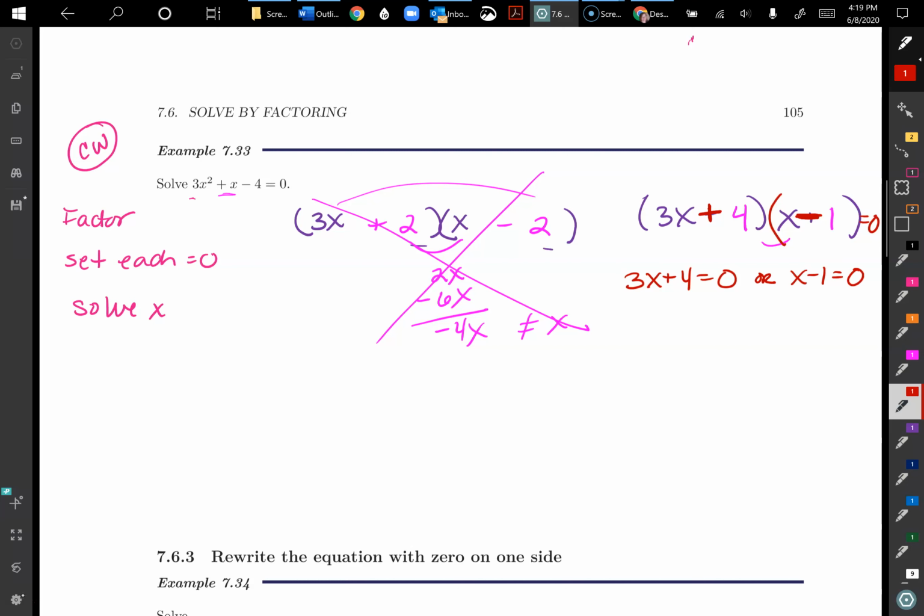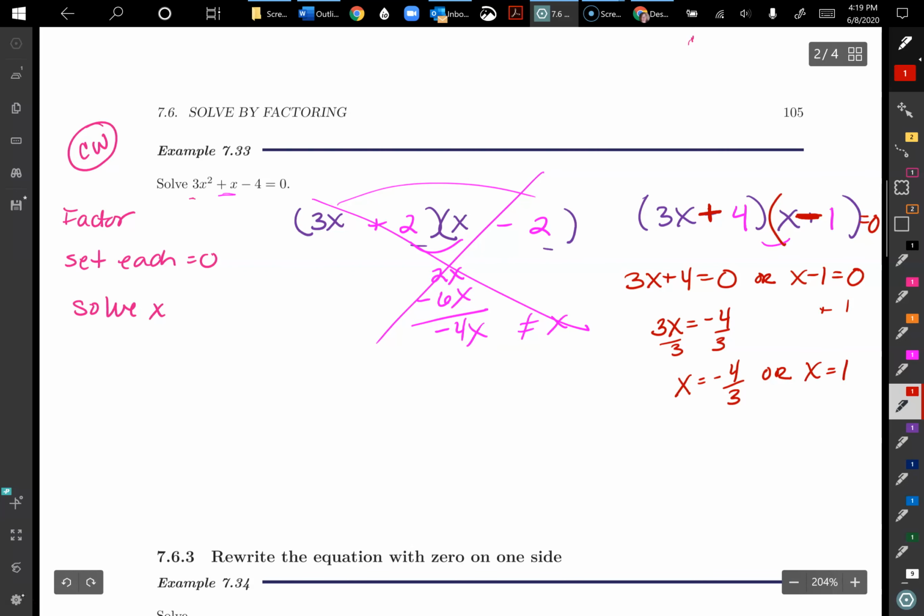Here I have a coefficient, so it's not so easy to see. You can do this in your head, but I'd rather you write it out if you're not sure. Subtract 4 from both sides, I get 3x equals negative 4. Divide both sides by 3, so x equals negative 4/3 for that one. Or just add 1 to both sides, and I get x equals 1.